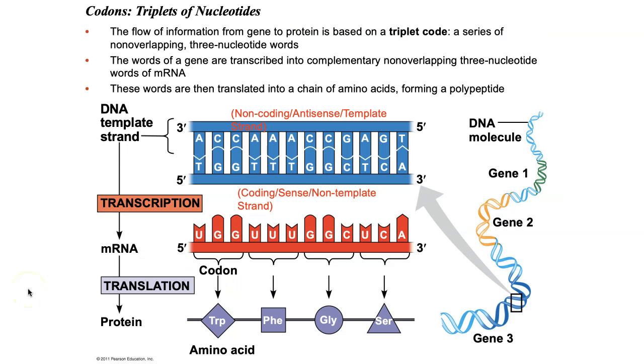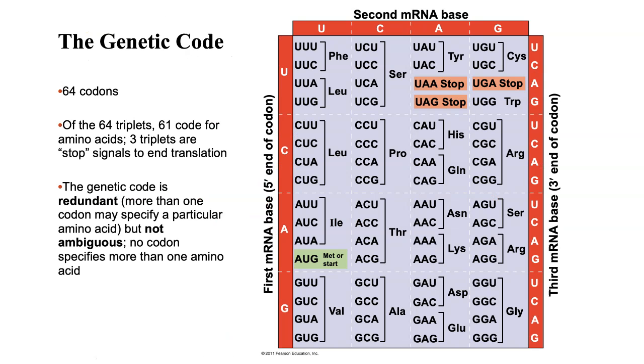So these codons act kind of like words. These codons code for a specific amino acid. And remember, there are 20 amino acids. So there is a special chart that we can consult called the genetic code. And this is how we would figure it out.